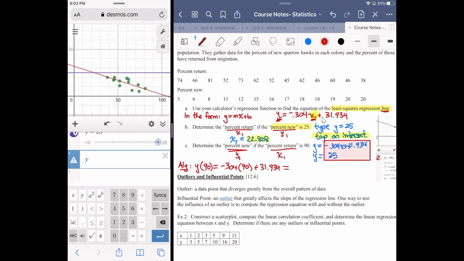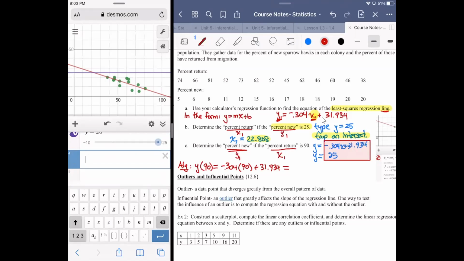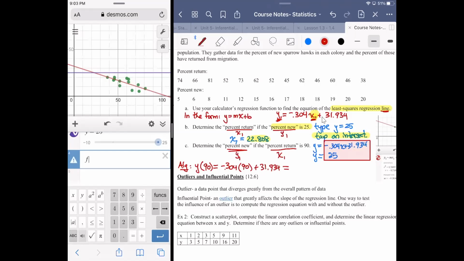I already used y, so I'll say f of x, using function notation, in its rounded form, negative 0.304 x plus 31.934. So all I'm doing is reproducing the equation.